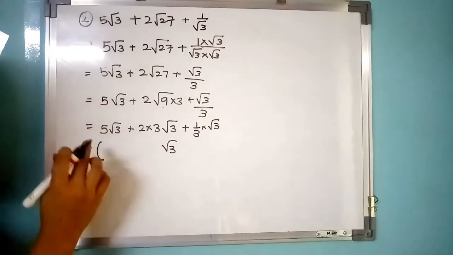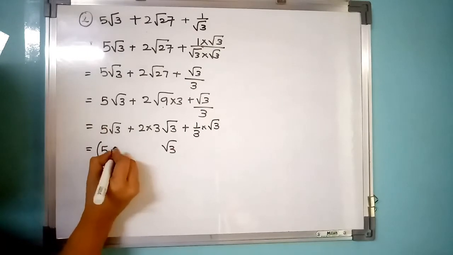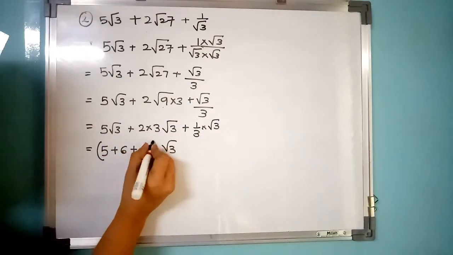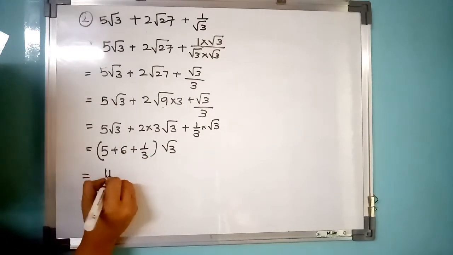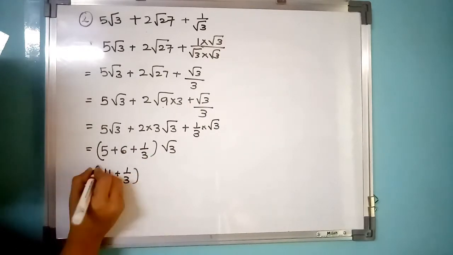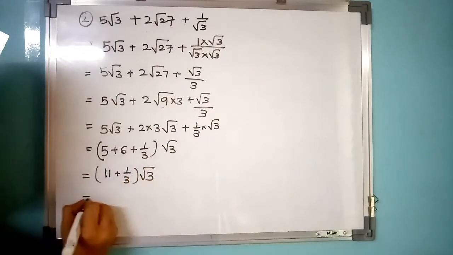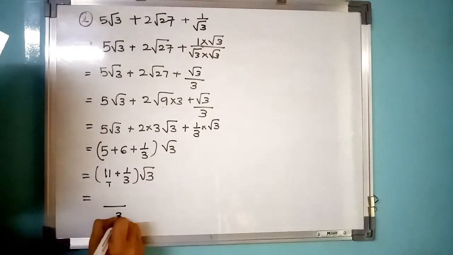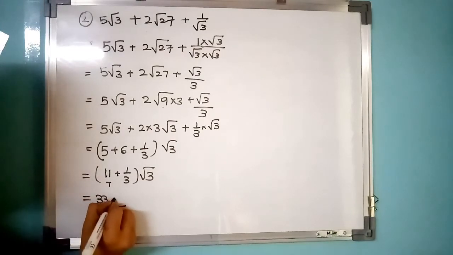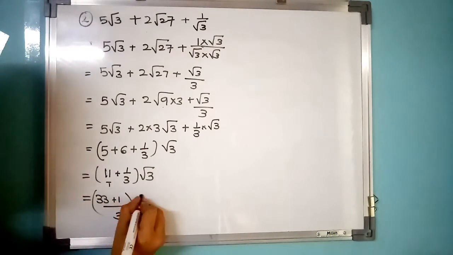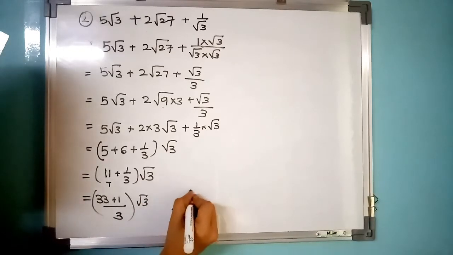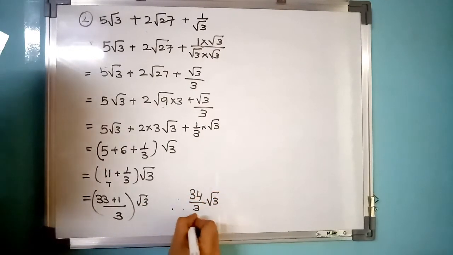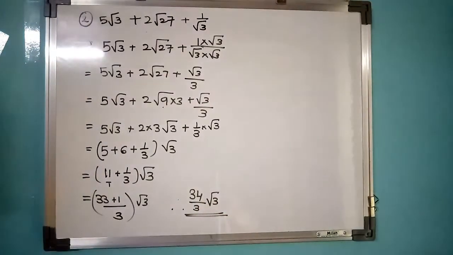Root 3 as common. 5 plus 3 2s are 6 plus 1 upon 3. And this is just addition of whole numbers with a fraction. So we can solve in this way. 19 upon 3... 33 plus 1 into root 3. So that's all for the answer.